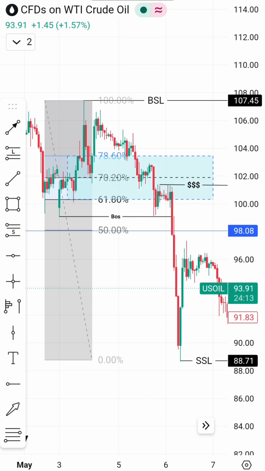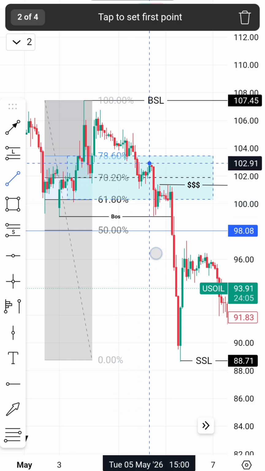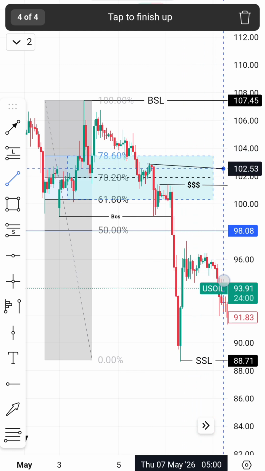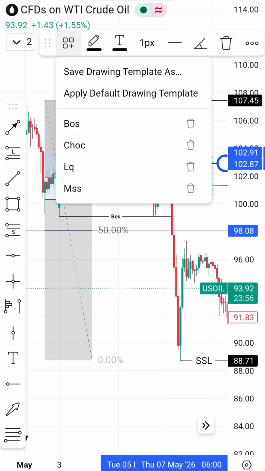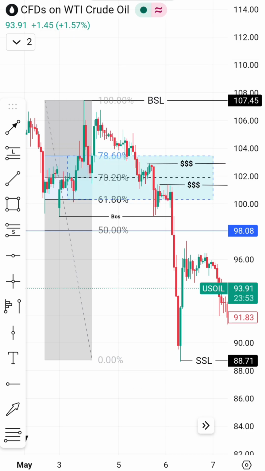Okay, another zone is this zone. That zone is also liquidity. Why? Because there's no liquidity down here at this zone.